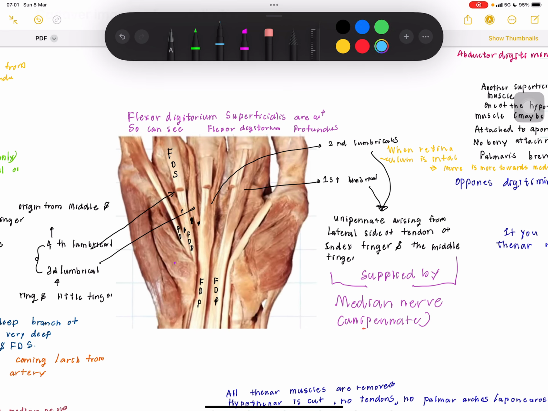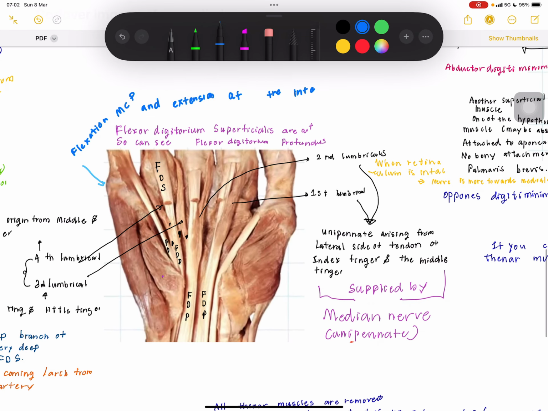So the function of these lumbricals is fixation at the metacarpophalangeal joints and extension at the interphalangeal joints. The thing about these lumbricals is they go like this on the palmar side, and then come to the dorsal side, that means to the extensor tendon side.